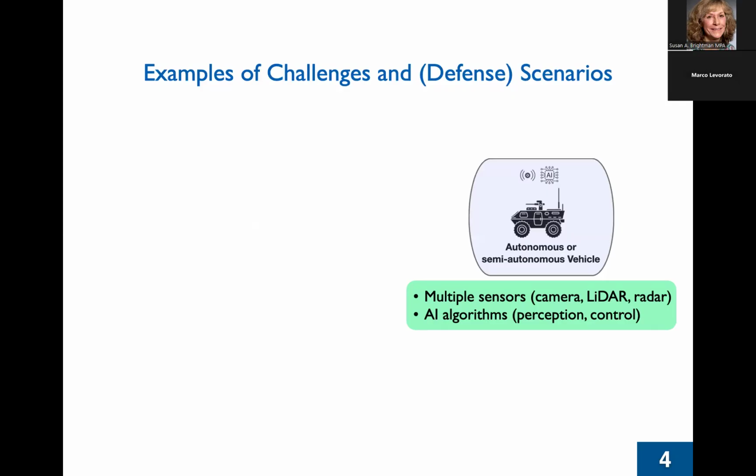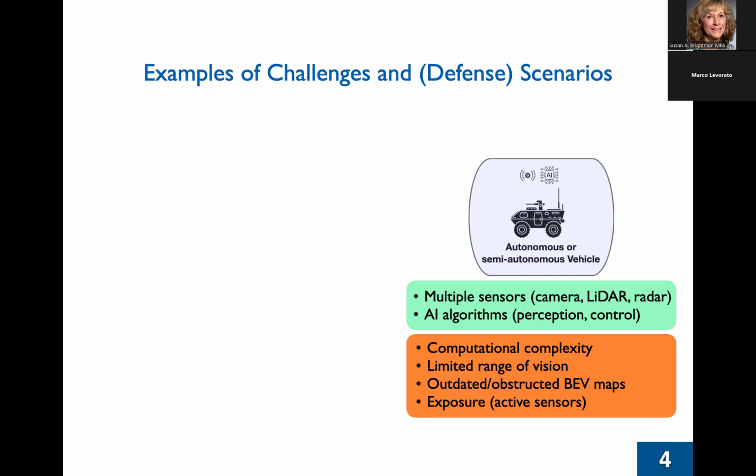So you have something that can process data from multiple sensors, typically camera, LiDAR, radar. That's a very heavy process by itself, even for big vehicles. And then you have AI algorithms, so perception and control, making sense of this data. And again, if you have 3 LiDARs, 6 cameras, that becomes a fairly heavyweight process.